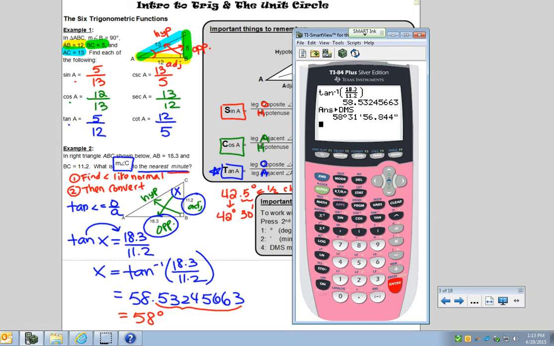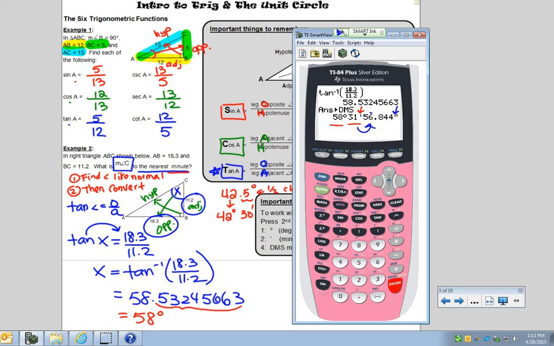So what does that mean? Well, there's 58 degrees. This guy with that little marker, that's the minutes symbol. But then you also have to look at the following part, because just like when you round to the nearest minute, you always have to look on the other side and see if it rounds up or stays the same. This is the seconds.